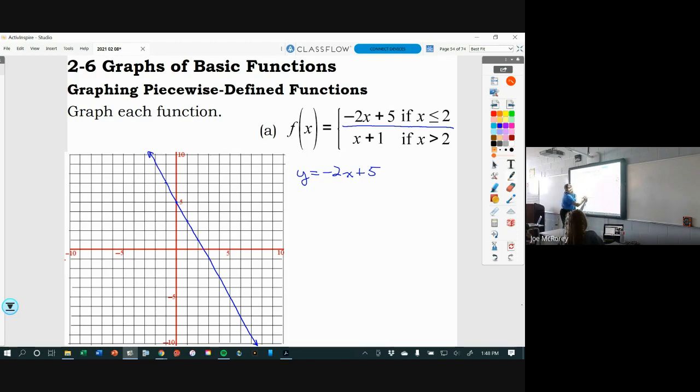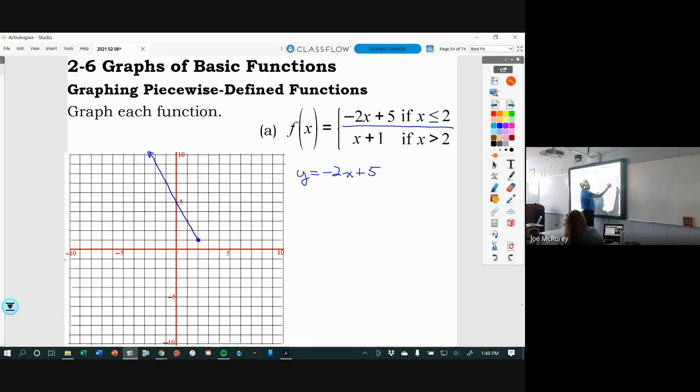So this line only goes to an x value of 2. So everything to the right of that point needs to go away. That is the first part of this piecewise function.